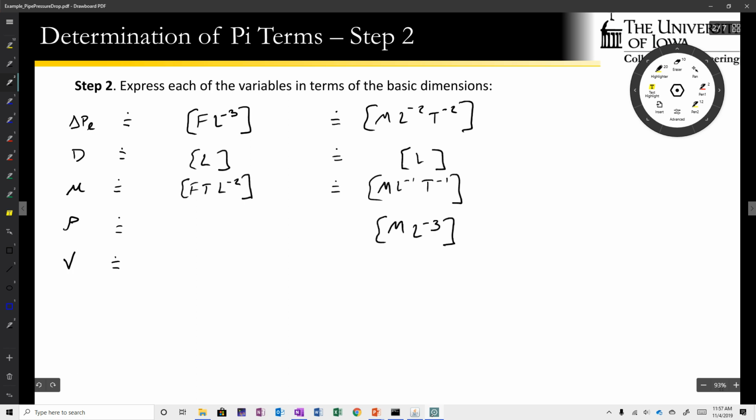So in force length time, that's going to be force time squared length to the -4, I believe.